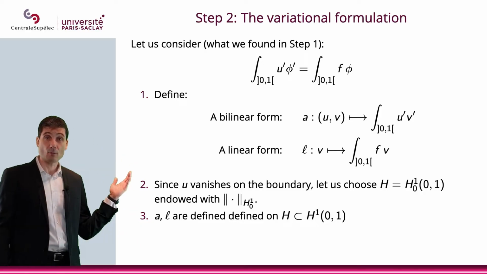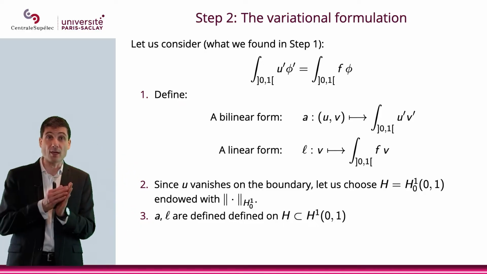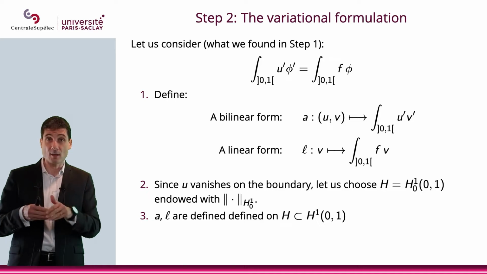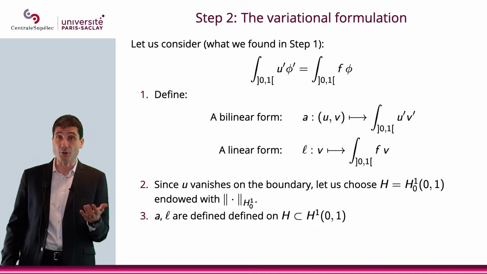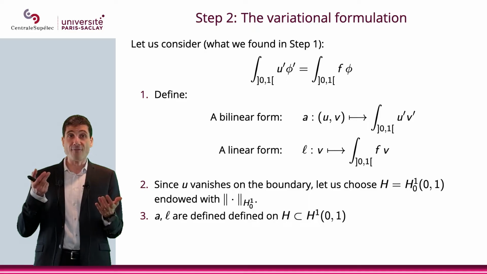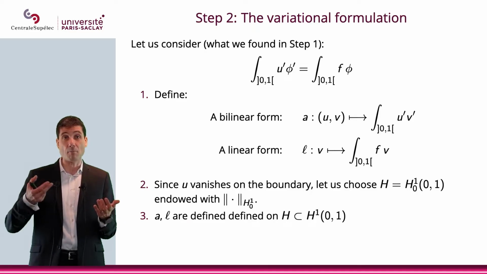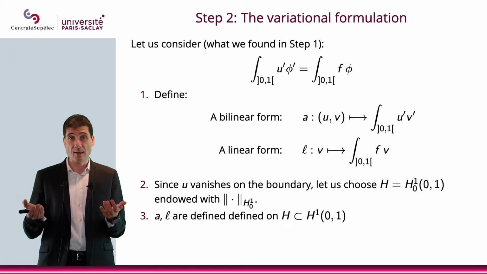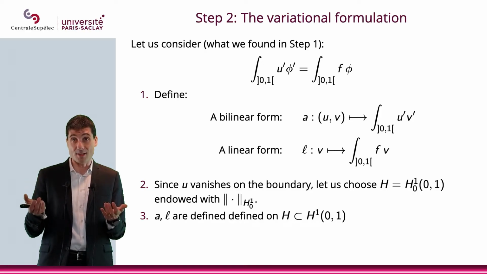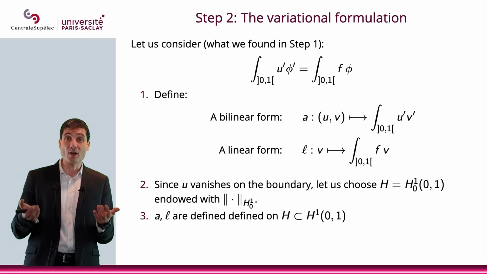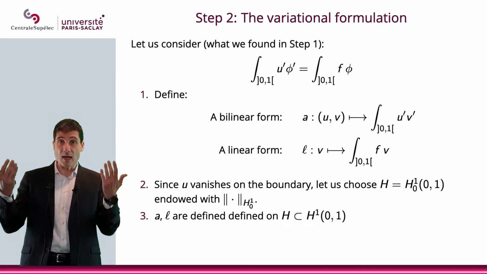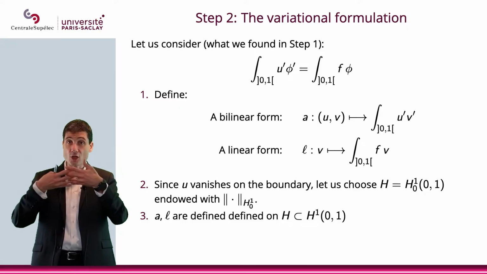U prime will be perfectly defined. If u is in H10, then u prime is in L2. And if phi is in H, that's in H10, so phi prime will be in L2. Now I have the product of two L2 functions.